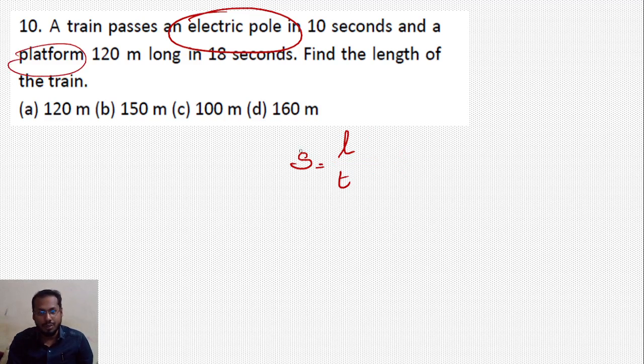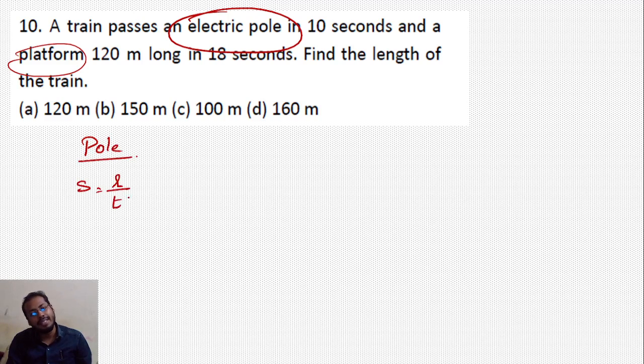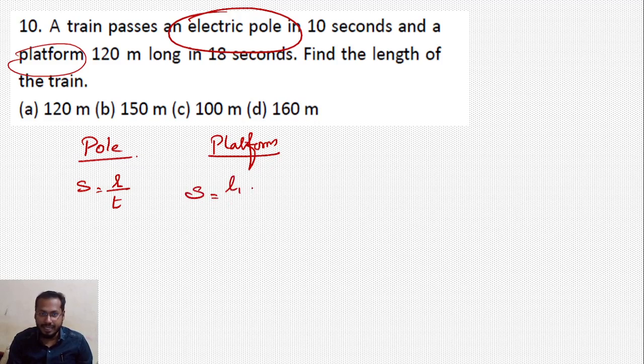Two objects, so we are going to write both formulas. Already I told you, right? For an electric pole, S is equal to L by T. For a platform, what is the formula? Yes, train had speed, platform does not have speed. Train had length, platform also had length over T.